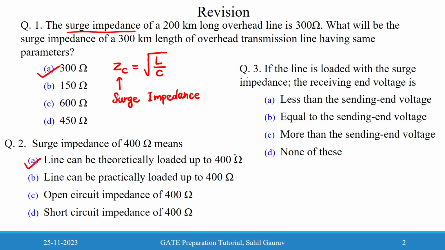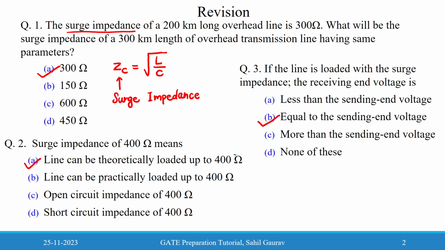Now the third question is that if the line is loaded with surge impedance, then the receiving end voltage is: the first option is less than the sending end voltage, B option is equal to the sending end voltage, C option is more than the sending end voltage, and D is none of these. If the line is loaded with surge impedance, then the receiving end voltage will be equal to the sending end voltage.